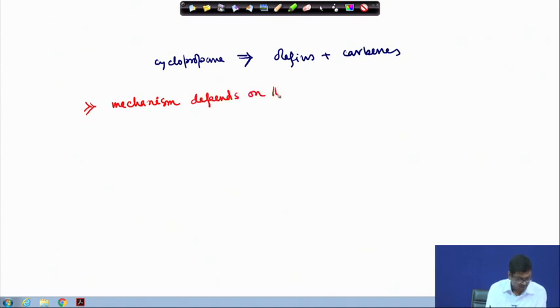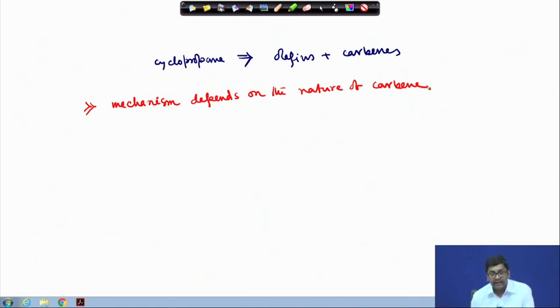Okay. So, whether they are singlet or triplet, the reaction depends upon that. In general, the reaction's outcome will chemically suggest whether the reacting carbene is singlet or triplet.